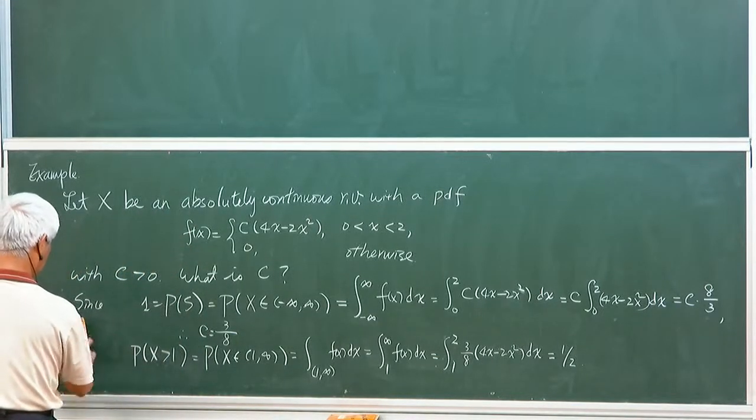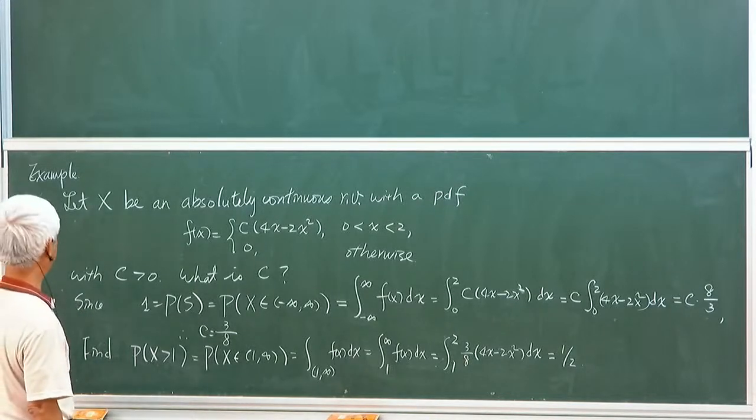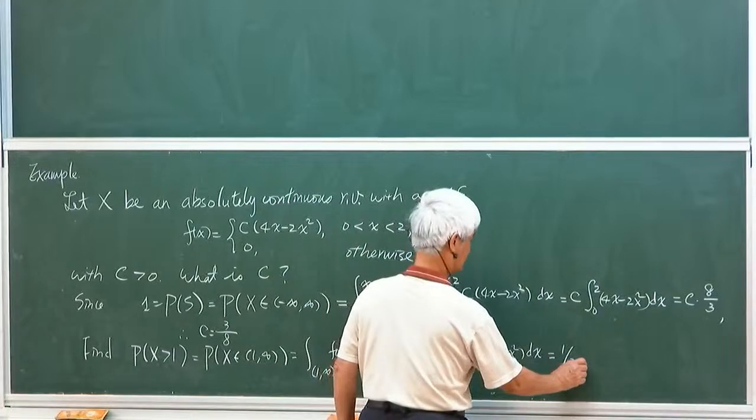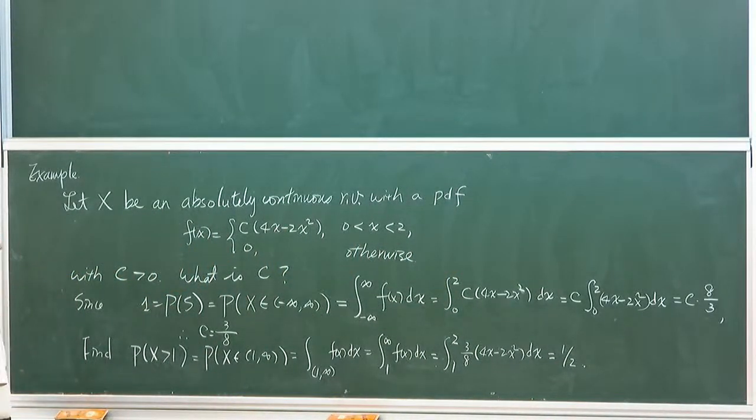So we find it here. Okay, so usually to find probability or related problems with an absolutely continuous random variable, you usually use the integral calculus of one variable if we consider a single absolutely continuous random variable here.